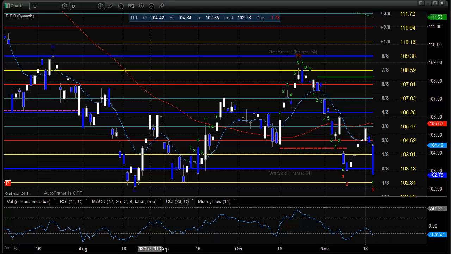All right, just before we move on to the individual sectors, just want to take a look at the TLT. The TLT was very weak on the day, and it had a pretty aggressive move to the downside after the Fed minutes. We closed just a little bit below this zero waste level, just around 103. That had been very critical support earlier on the chart here in September.